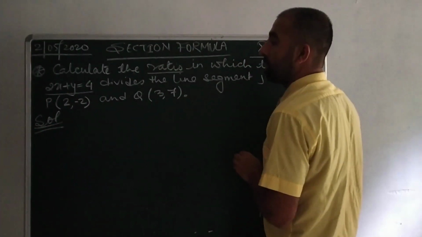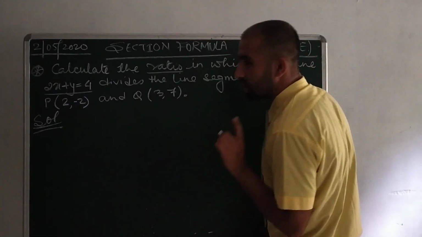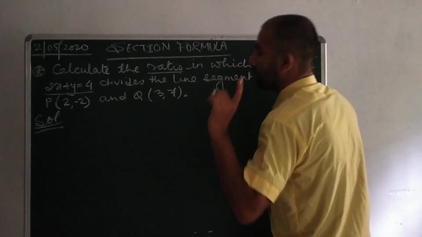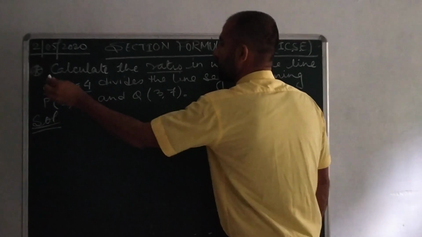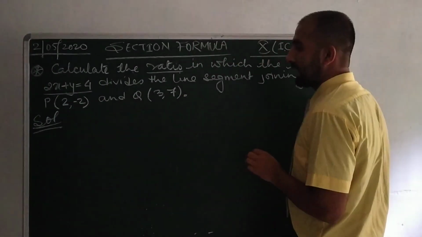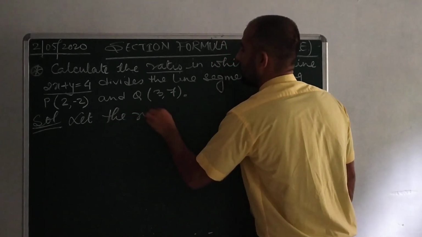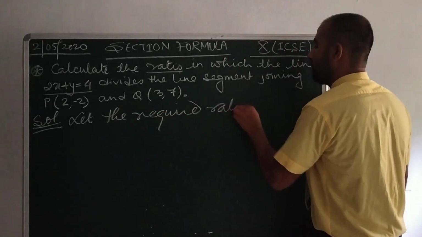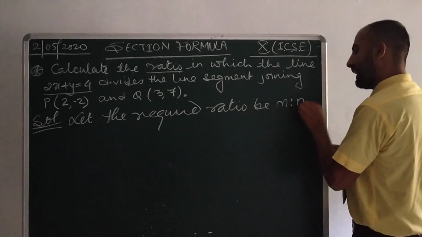Okay, first of all, we are going to take the required ratio as m is to n. Then we'll find out the coordinate of the intersection point and we'll put that value out here. So let's see. Let the required ratio be m is to n.